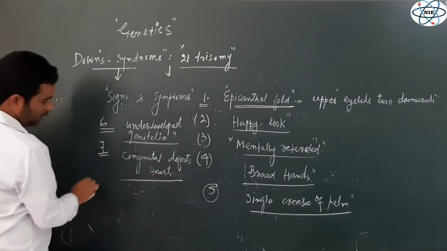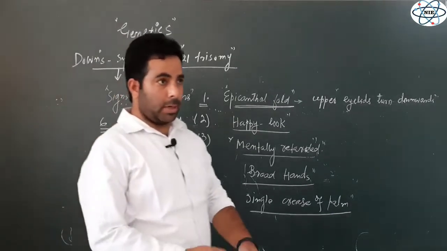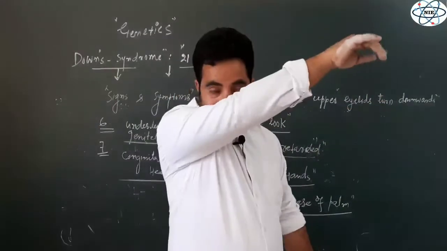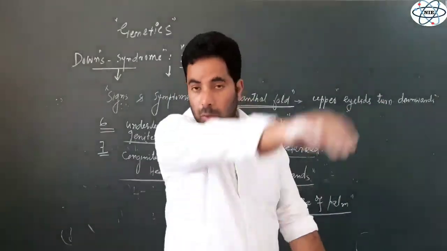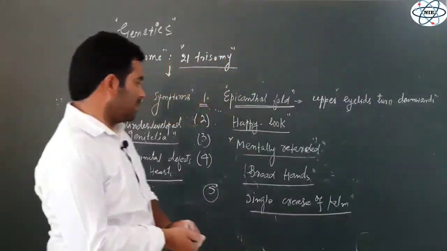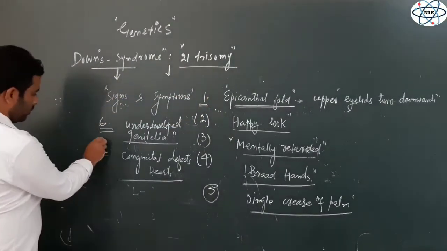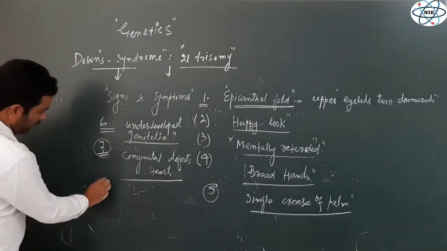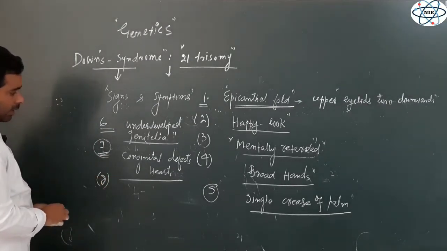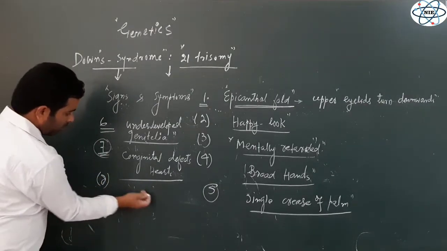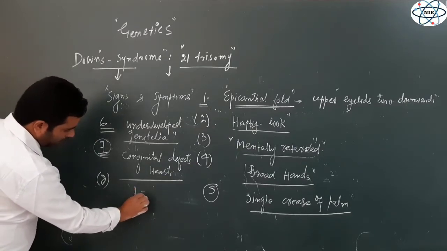Generally, there is a problem with the septums. Ventricular septums are defective in these individuals, right? And next, these individuals are prone to cancers like leukemia.